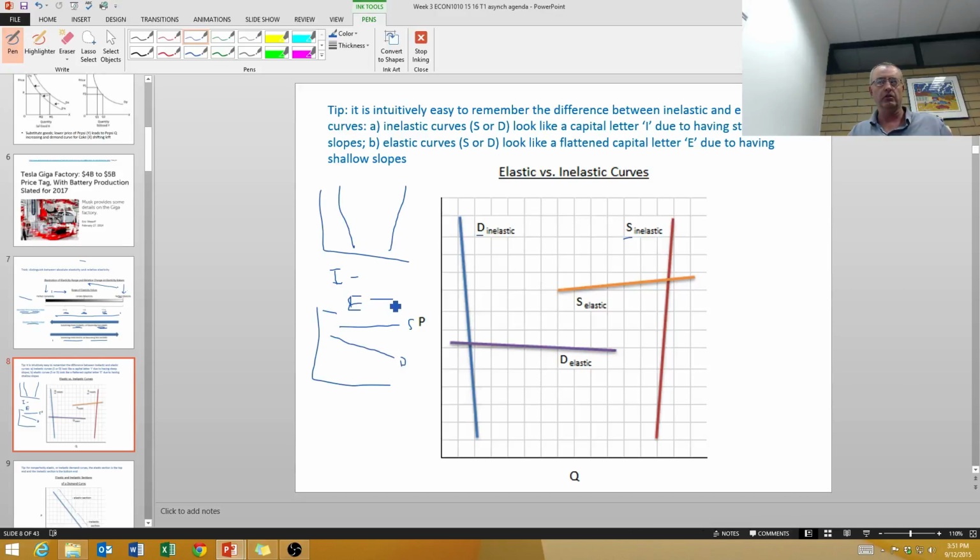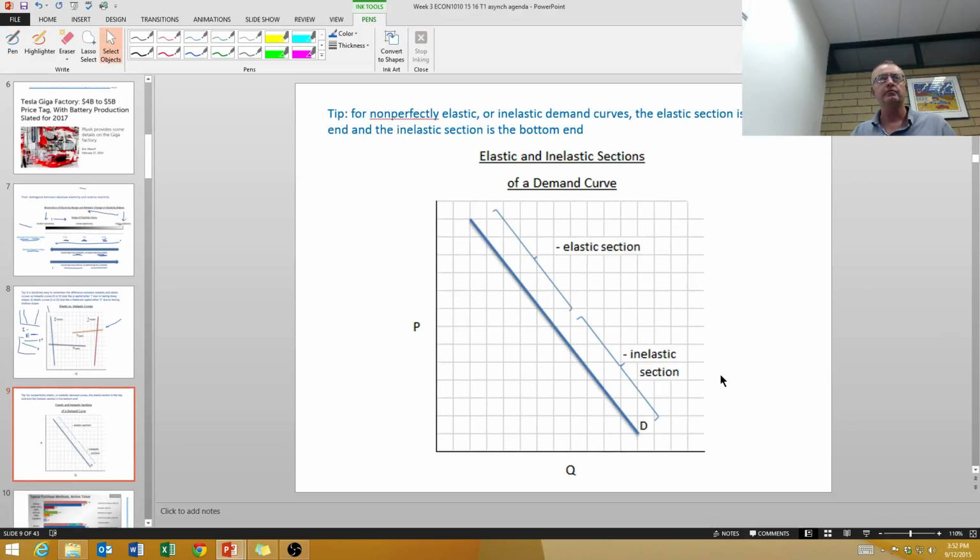And so we get a horizontal line. But anyways, it seems to me that the steep sloped curves look like the letter I, and the shallow curves look like a compressed E, standing for elastic, whereas the I stands for inelastic.